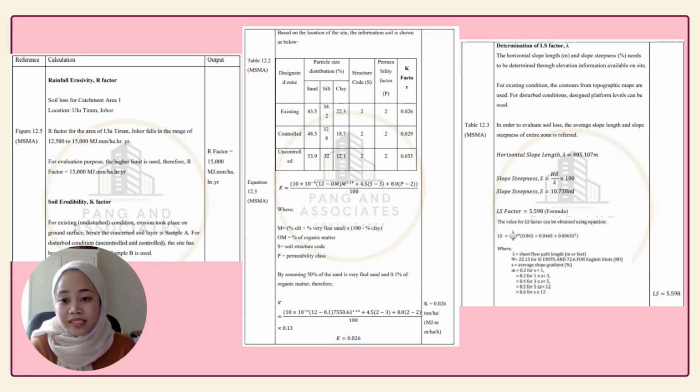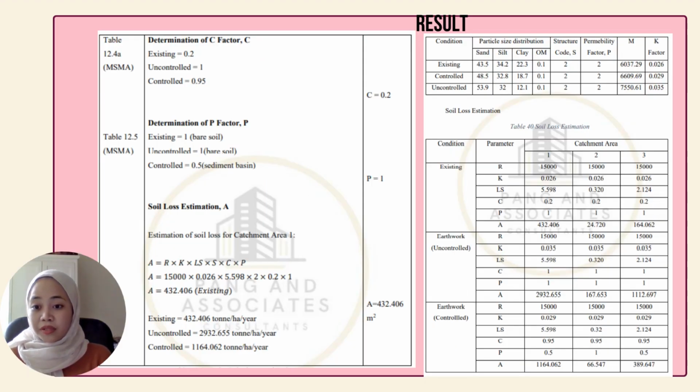From this calculation that we showed, the values that we get are: rainfall erosivity R factor equal to 15,000, K equal to 0.026, and lastly the LS factor is 5.598. Next we continue.